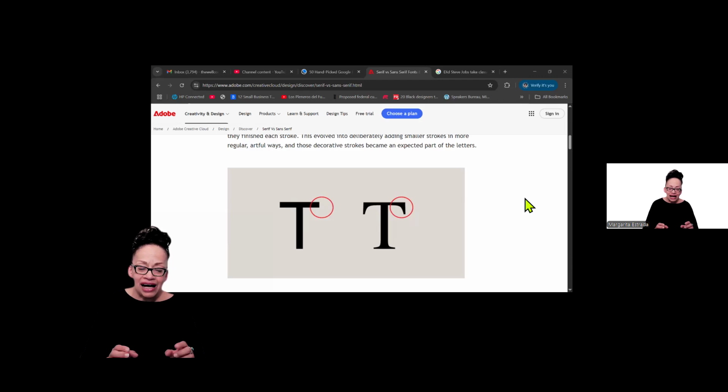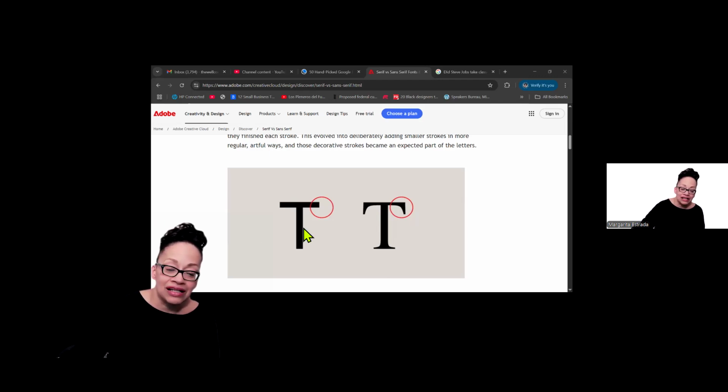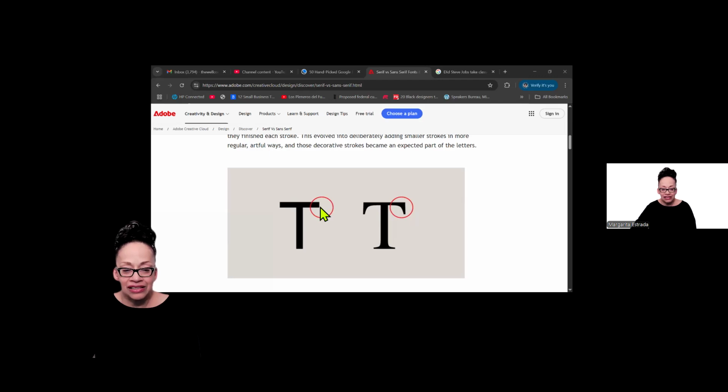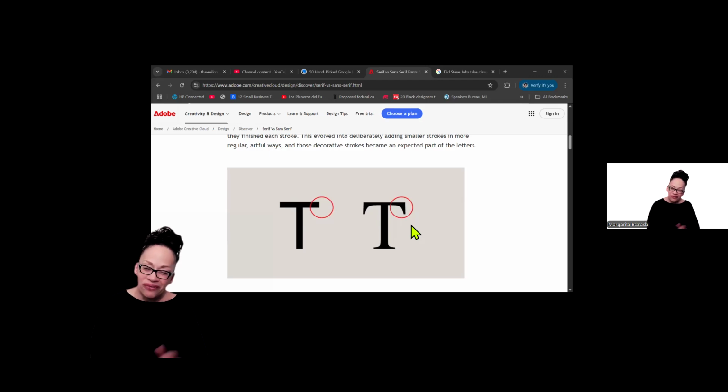So here we have two T's. The left T is sans serif, and the right one is a serif T. What makes a difference is the edging. The sans serif T does not have any edging, and the right one, which is the serif T, does. Why is this important?